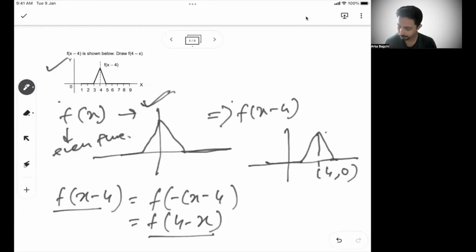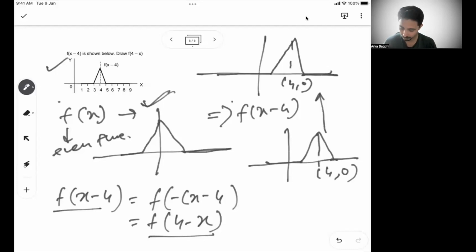So this graph will be shifted. So for x minus 4, if it is like this, this is 4 comma 0. For 4 minus x, it will be shifted to the other side, or it will be like this, where this line will be minus 4 comma 0.